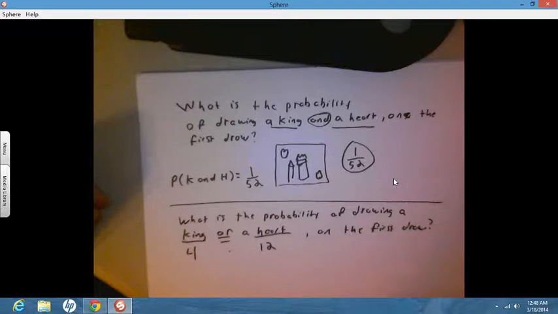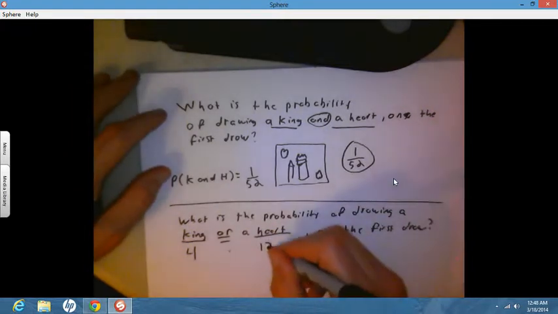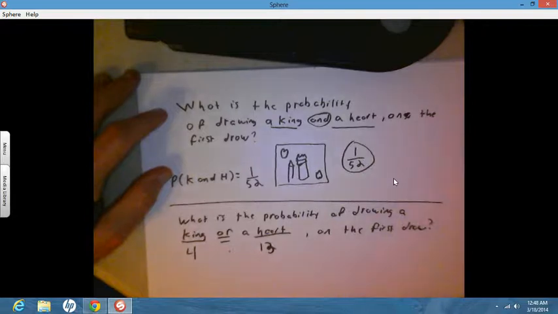So there are 13 hearts. Now the problem is, I've already counted the king of hearts. There are 4 kings, one of them is the king of hearts, and then there are 12 additional hearts.